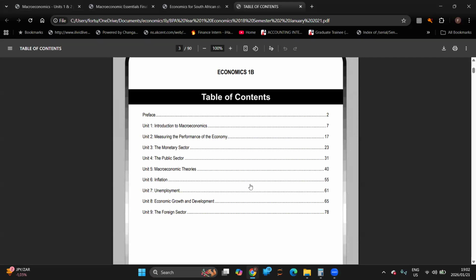For macroeconomics, we are going to be looking at the study guide that is made up of 9 units, which we are expected to cover in full before getting to our exams. In between, you'd also be having your KCQs, which are your knowledge check questions, which are also going to be examining you on various aspects of the subject.